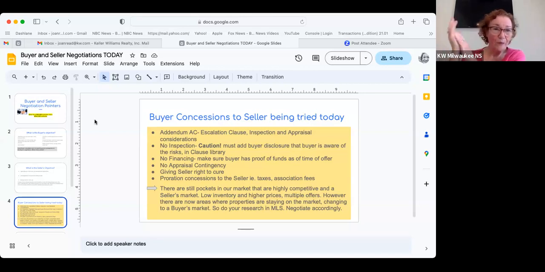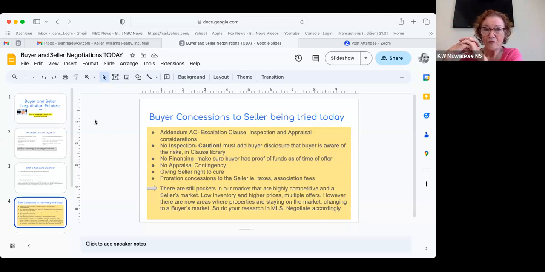It will have an appraisal, most likely from a bank, but it doesn't mean that the property has to appraise. If you have no appraisal contingency, it means that the property does not have to appraise in order to get the money. Some lenders will still allow the money to be given to the buyer, even if it didn't appraise fully.